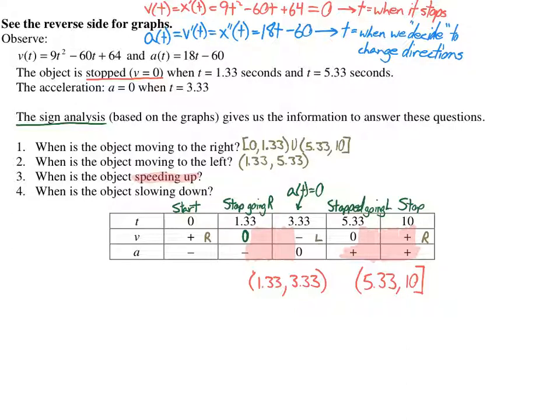It's going to slow down to the left of 1.33, and it's also slowing down between 3.33 and 5.33. That's when it is slowing down, because in those cases we're in disagreement. From 0 to 1.33 and between 3.33 and 5.33.